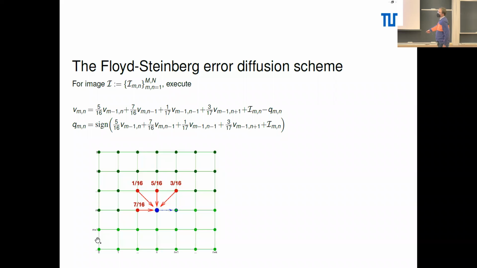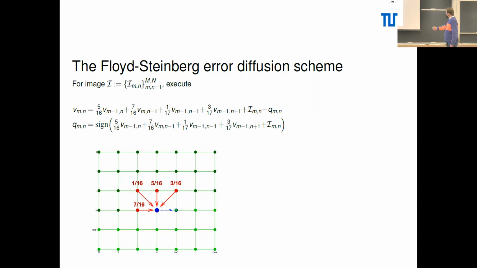You average them with some strange looking weights, and then you get an expression like this. With this averaging, you get a new state variable v, averaging these red state variables. And then whatever you get here, you plug into the sign function, and that gives you the ±1. So this may seem arbitrary for now.